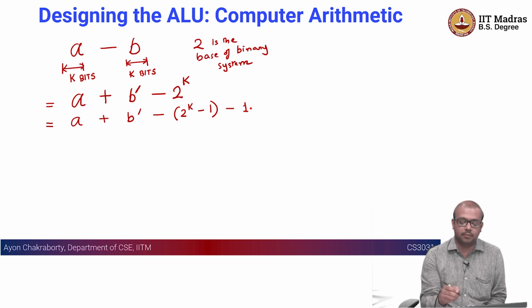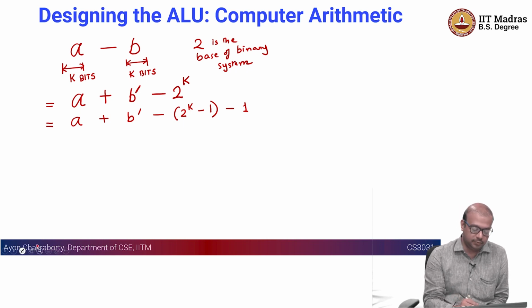I'll come to the details of why we are doing it; there will be some reason. So this is minus 2 to the power k plus 1 minus 1. So plus 1 and minus 1 cancel out. So that is fine. This entire expression that we have written now is representative of minus b.